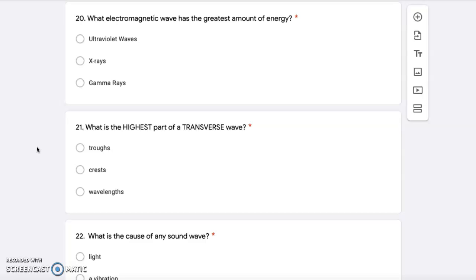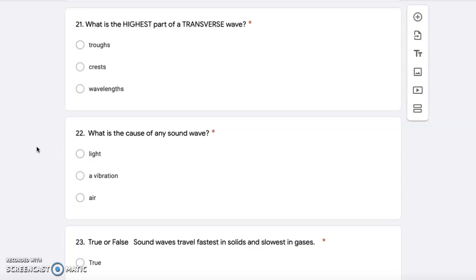Ultraviolet waves, X-rays, or gamma rays? 21. What is the highest part of a transverse wave? Troughs, crests, or wavelengths?